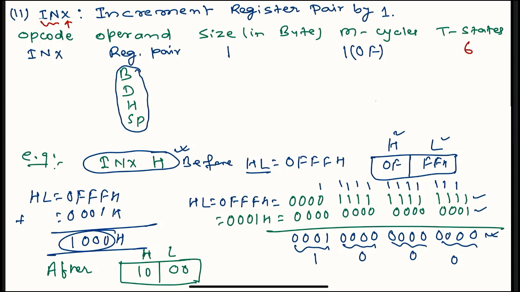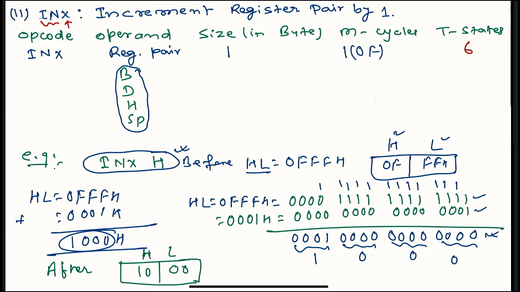Here, it is performing a 16-bit addition operation, so this will take somewhat more time. That is the reason 2 extra T states are required to complete this 16-bit addition. So the T states required for INX is 6 T states.